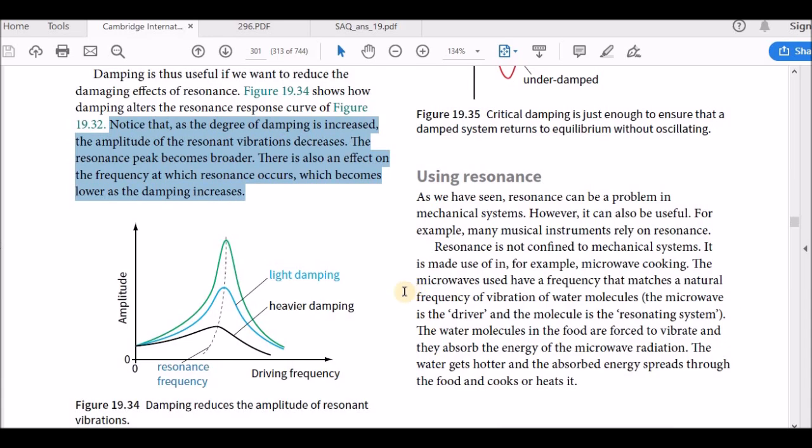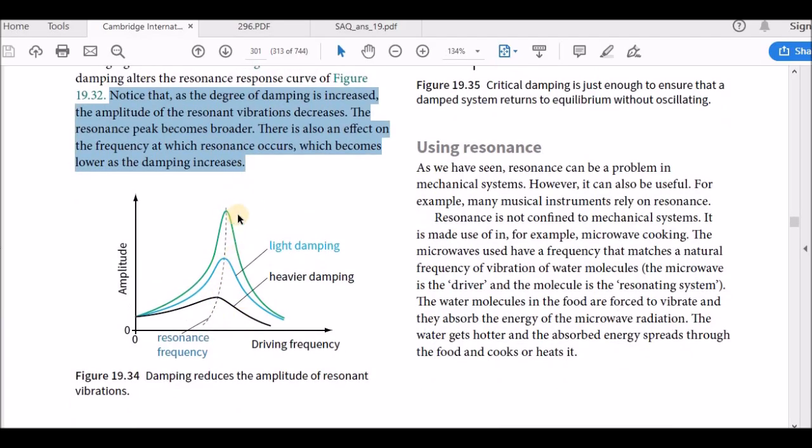So 3 points here. When you increase damping, the amplitude decreases, the curve becomes broader, and the resonance frequency decreases. So keep those three in mind. They can test this in the exam papers. I have seen this kind of graph being asked, and they ask you what is happening, or they ask you to explain it, or they ask you these 3 points.